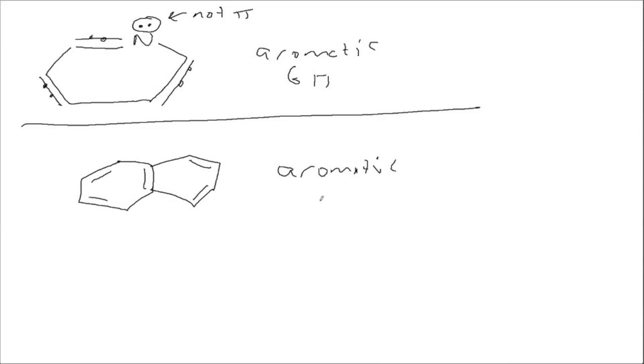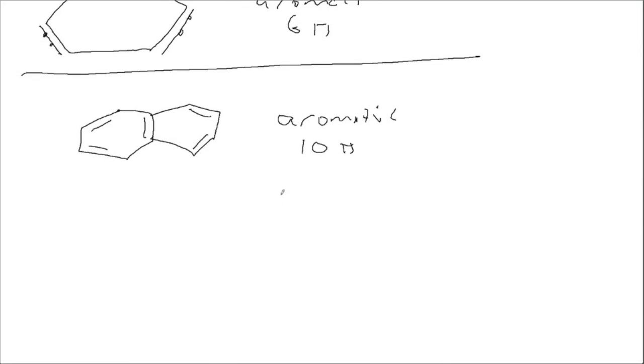How many pi electrons? 10. 1, 2, 3, 4, 5, 6, 7, 8, 9, 10. Okay, so when there's multiple rings, you still use the same basic approach. Even though there's multiple rings, you're still counting up all the pi electrons. So we still got to the same basic answer here.